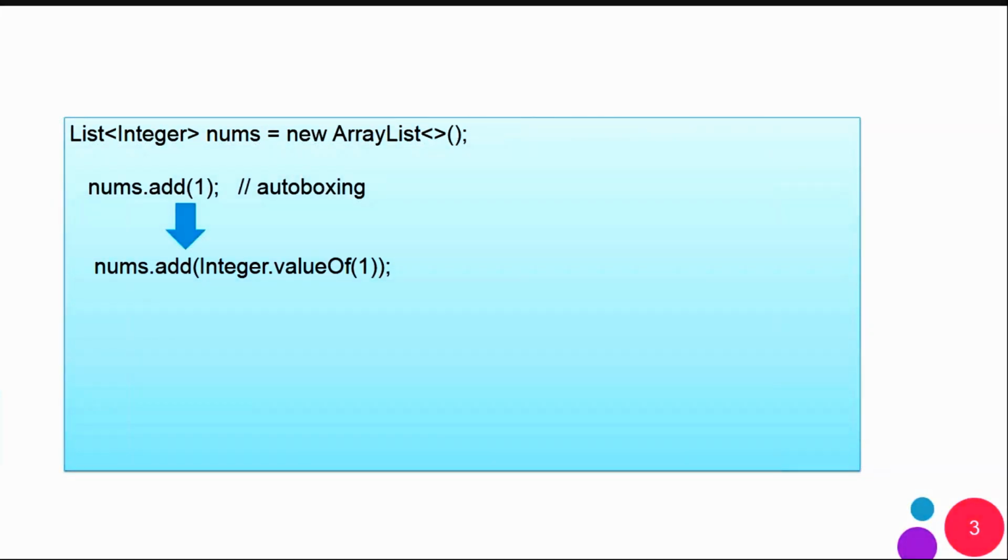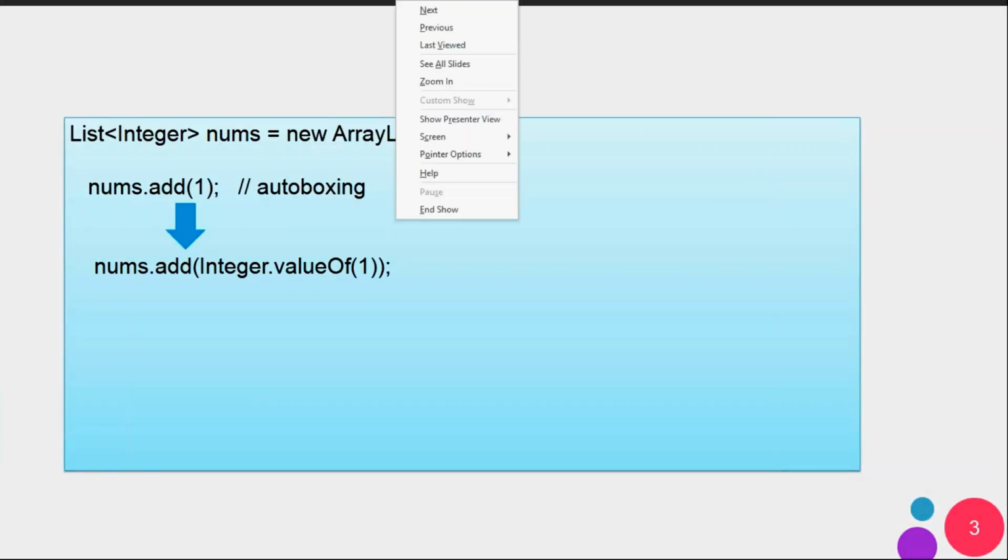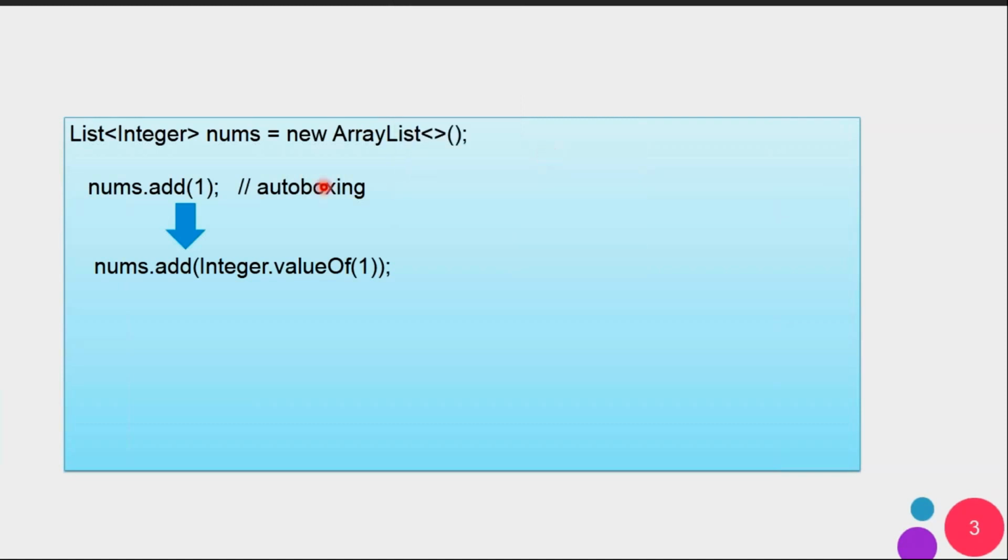But from Java 1.5 onwards, if I write a program like this, I'm adding the primitive number into the ArrayList as a primitive type, but it is automatically converted into the wrapper type object. So this code, Integer.valueOf, is automatically appended in your code by the compiler. So autoboxing is happening for you without you knowing it.